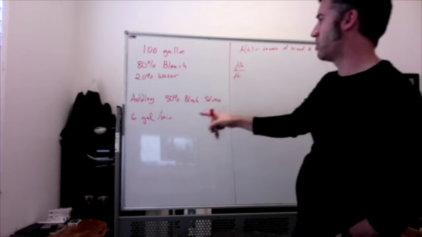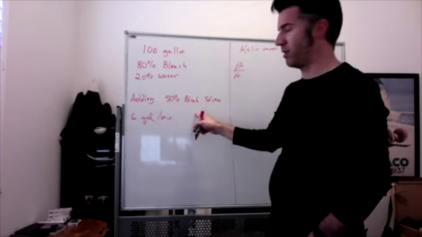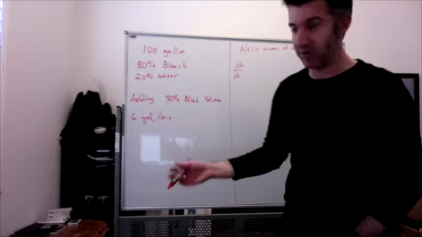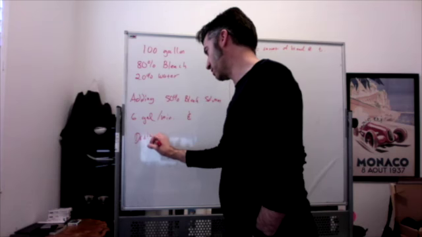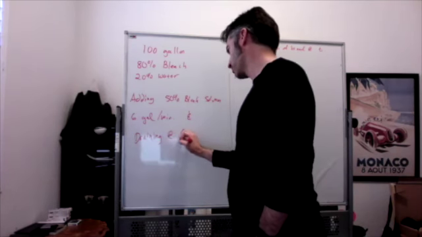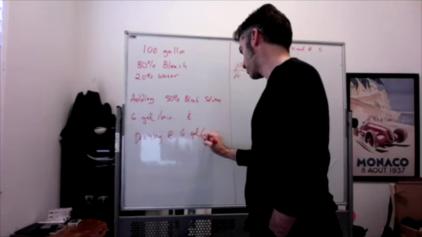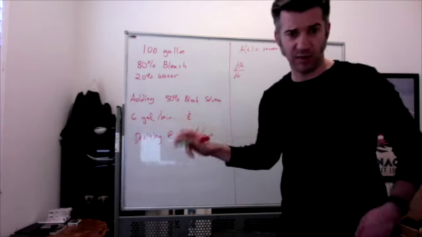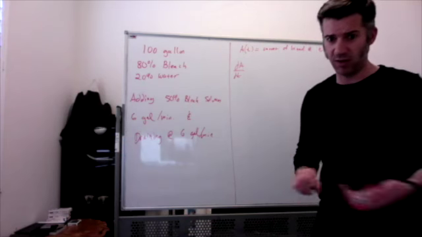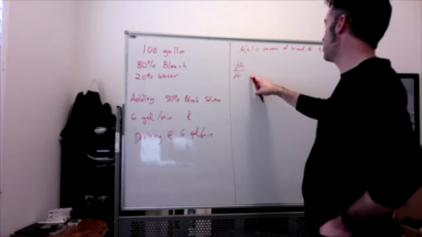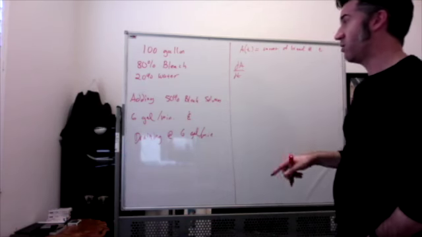We're adding at 6 gallons per minute, and we're also draining at 6 gallons per minute, right? We don't want to be increasing or decreasing the volume. That is almost always the assumption for these types of problems.